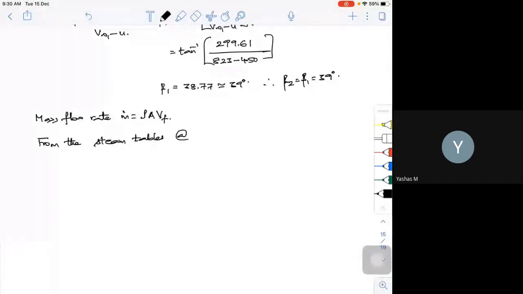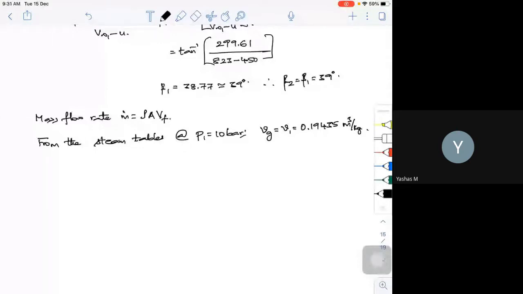From the steam tables, at the pressure P1 is equal to 10 bar. And what type of steam is it? It is dry saturated. So you check the specific volume of dry saturated steam, which will be your specific volume at 1. If I look at it, it is around 0.19435 meter cube per kg, roughly 0.194, or about 0.2.